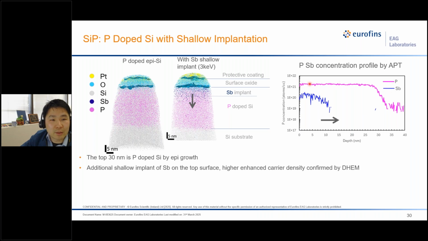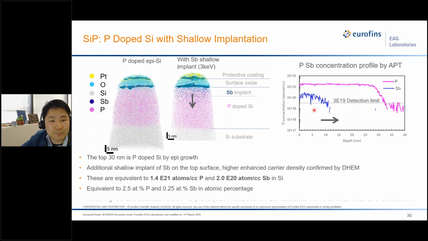The phosphorus concentration is uniform in the first 30 nanometers at the surface, and we measured around 1.4E21 atoms per cubic centimeter for the phosphorus. The antimony concentration peaks at 2E20, about 3 nanometers from the surface.